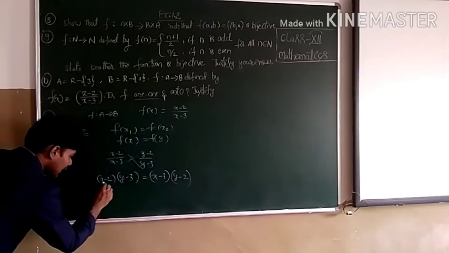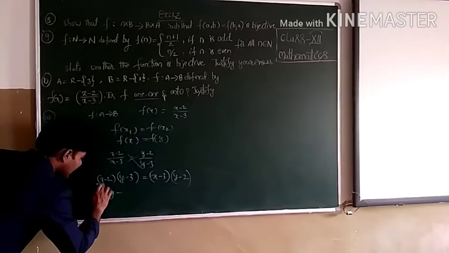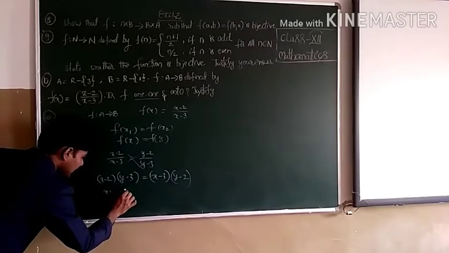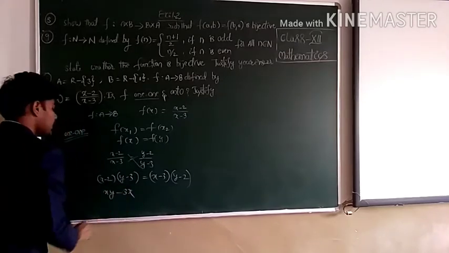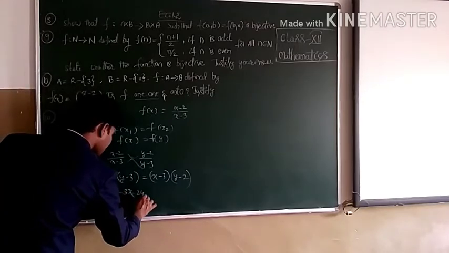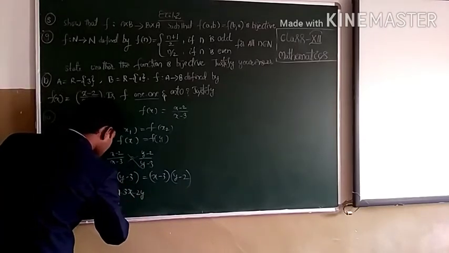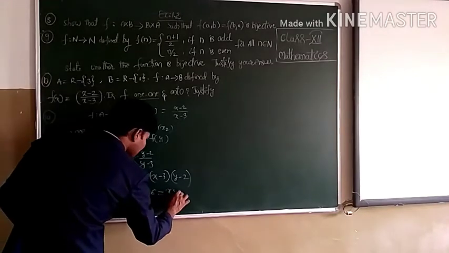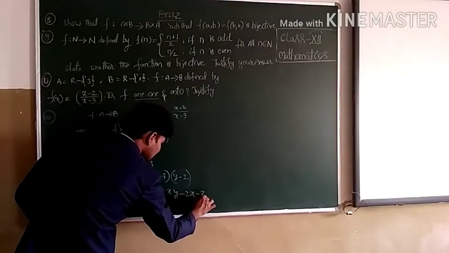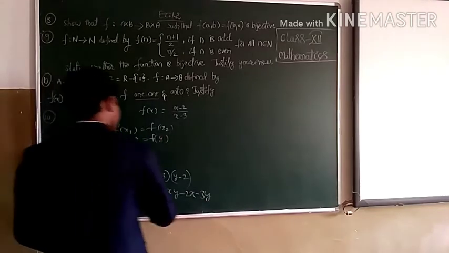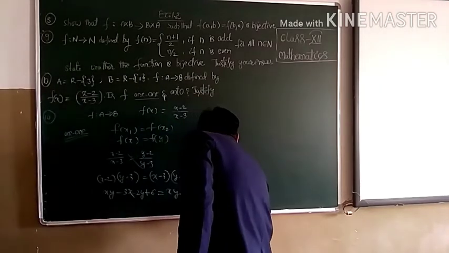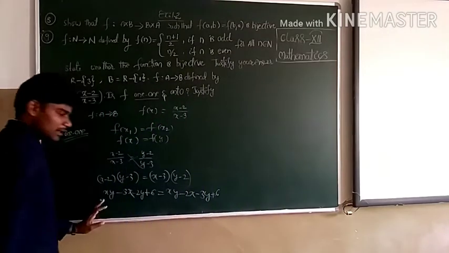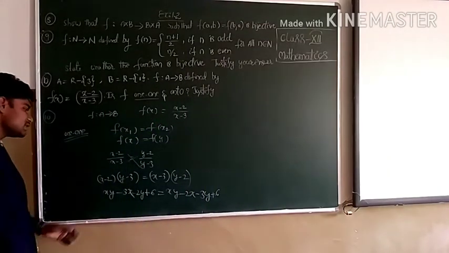Now do the multiplication. x into y, xy, minus x into 3, 3x, minus 2 into y, minus 2y, plus 6, is equal to xy minus 2x minus 3y plus 6. So here, once any like terms are there, just cancel those terms.